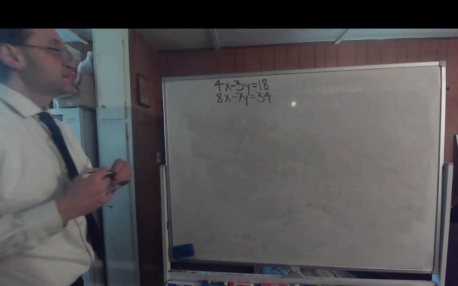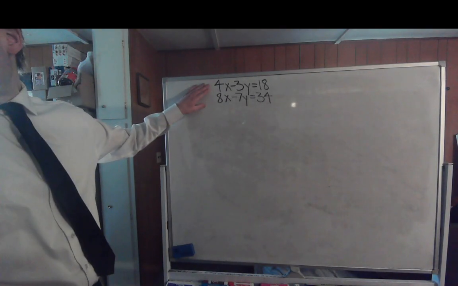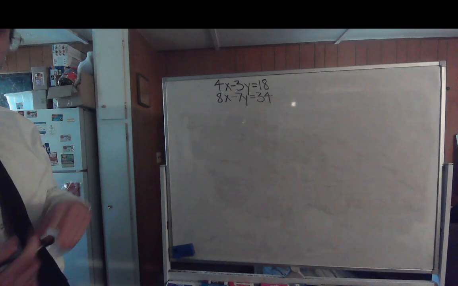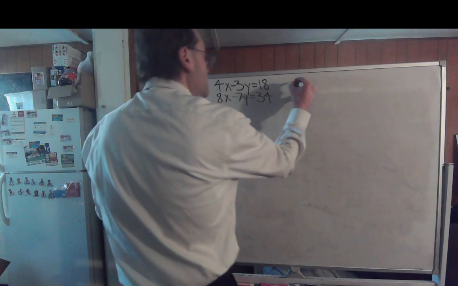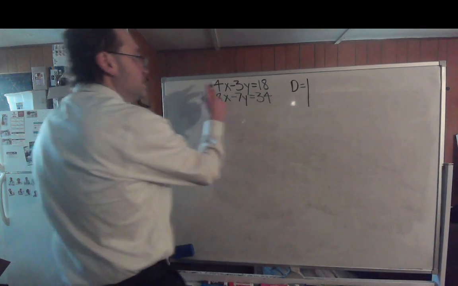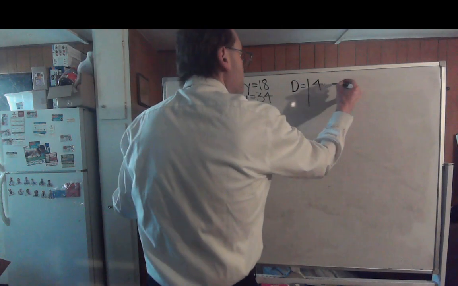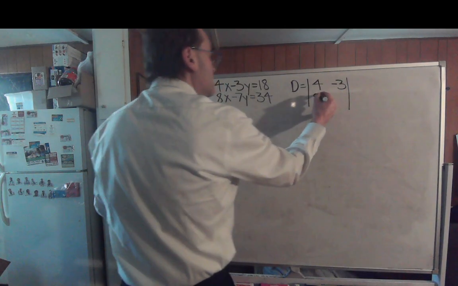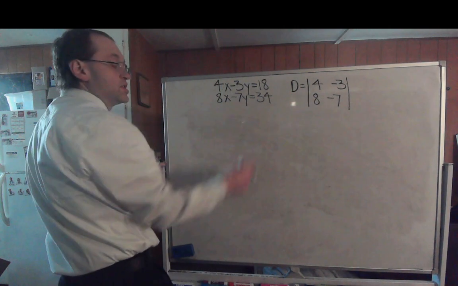So here's the next system. 4x minus 3y equals 18. 8x minus 7y equals 34. So let's set up our normal coefficient determinant of D. So for D, you're going to take the coefficient determinant, so take your 4, your negative 3, your 8, and then your negative 7. So there's your coefficient determinant of D.